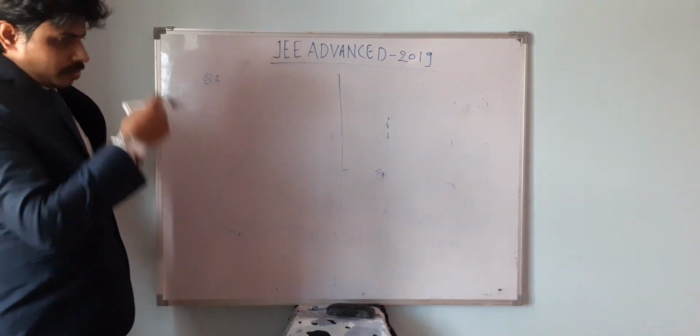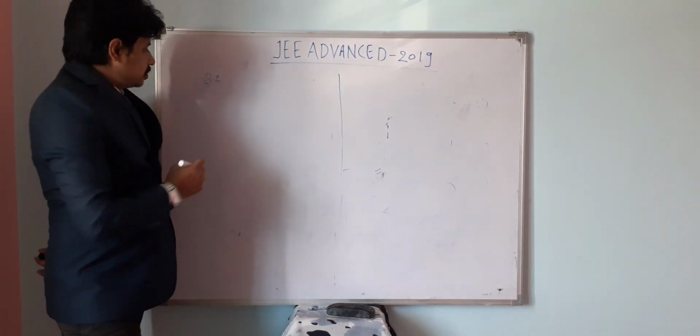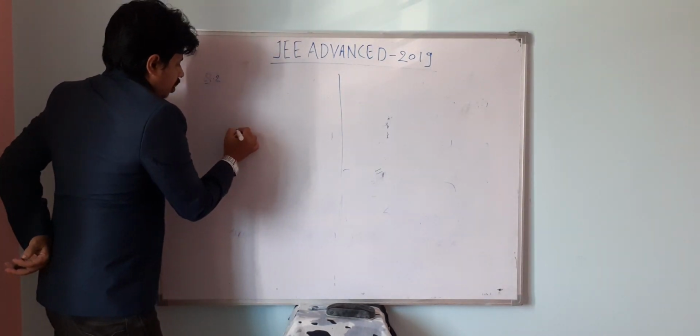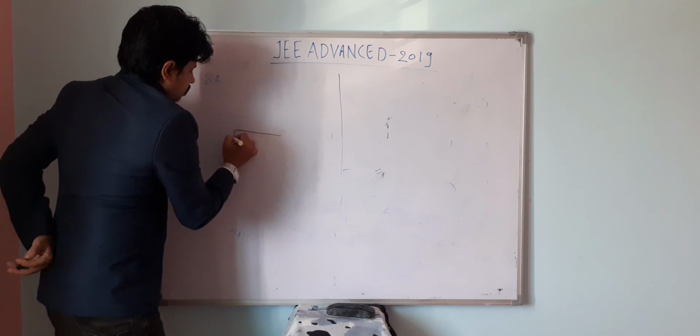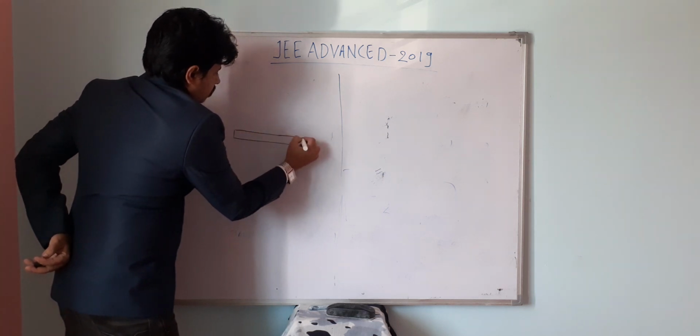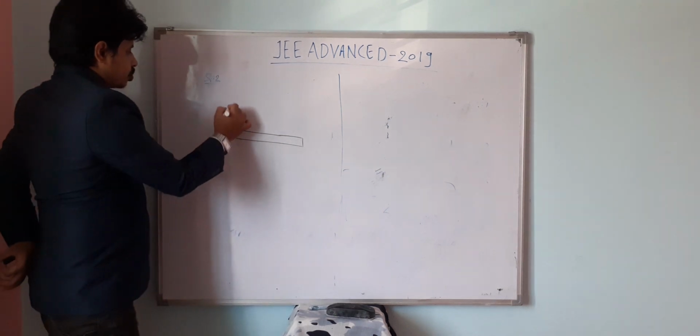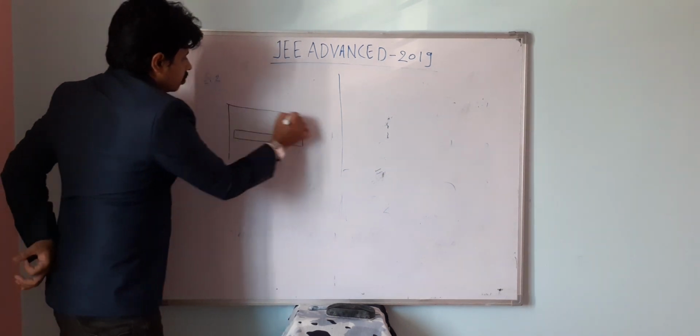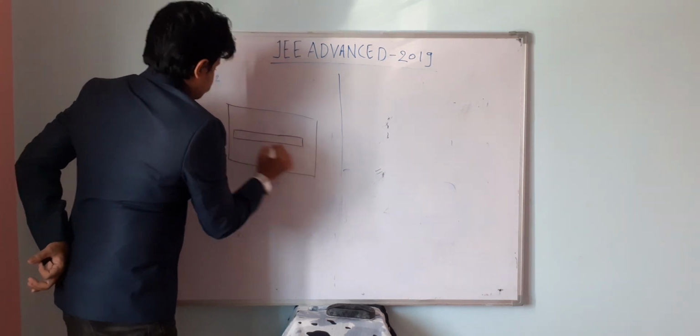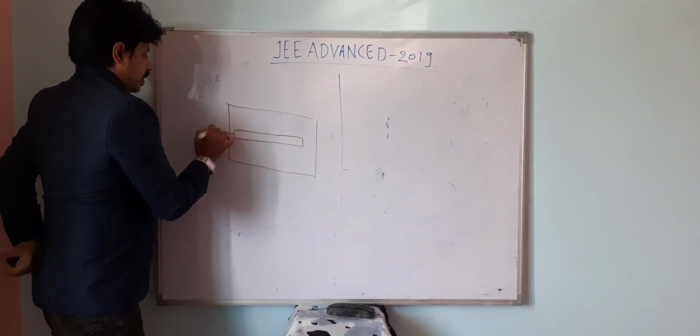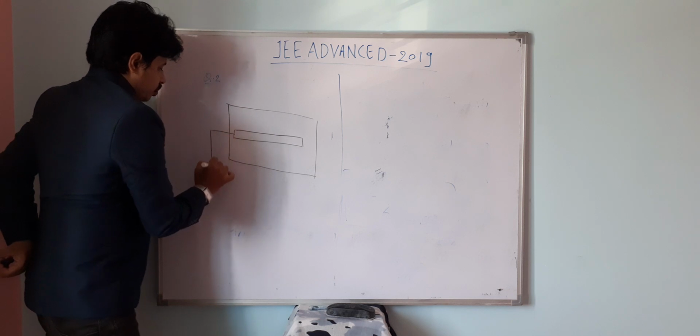Question number 2. In this question, a metal rod is contained in an insulated box and it is connected through a wire.